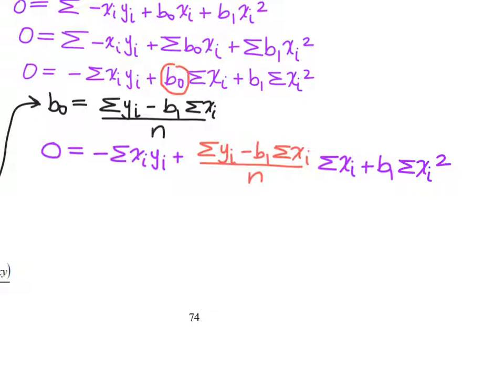We could do a couple of things at this point. I think probably the easiest thing to do would be to run through with an n to clear out that denominator. Can you change that first term into the sum of x sub I times the sum of y sub I?